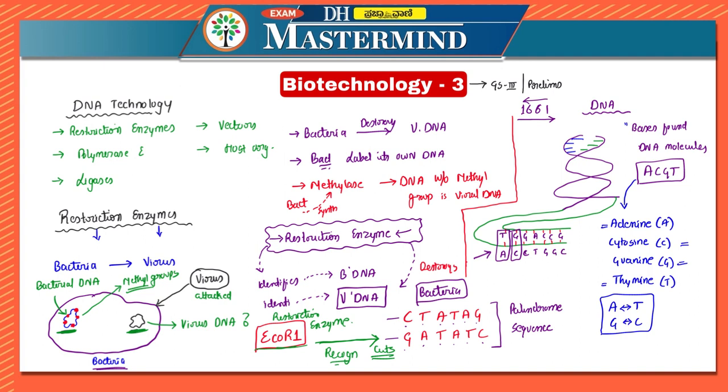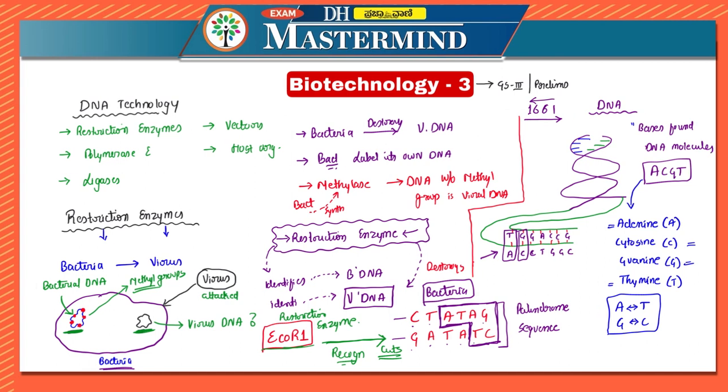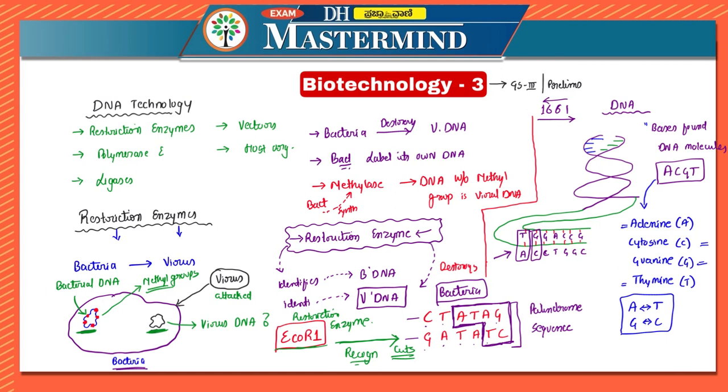Now let's say it has cut it like this, that is ATA, then TC. It has cut over here. Now it became two strands, correct? There was one which was CTATAG before and opposite to it was GATATC. Now because it has cut, there are two strands. One strand is CTGATA, and here there are gaps.